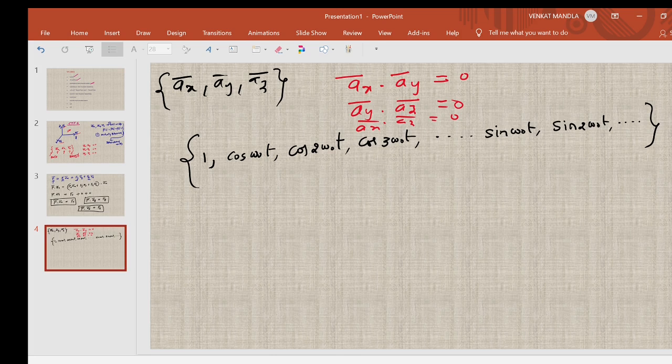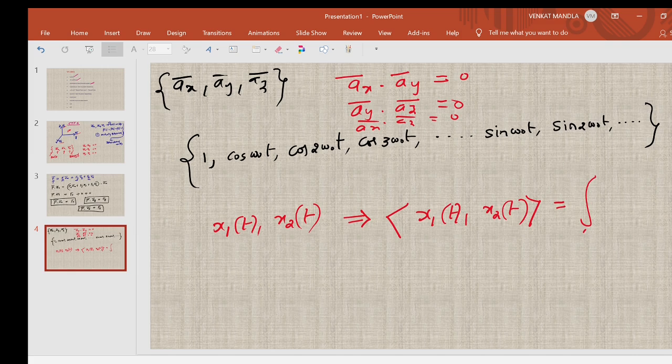For signals, let us say x1(t) and x2(t) are two signals. They are said to be orthogonal if their inner product, which is defined as the integral from 0 to T over one time period of x1(t) times x2 conjugate(t), is equal to 0.